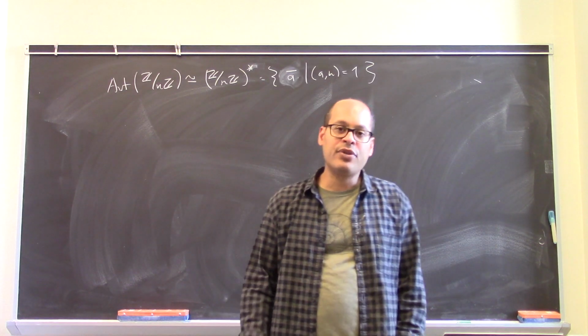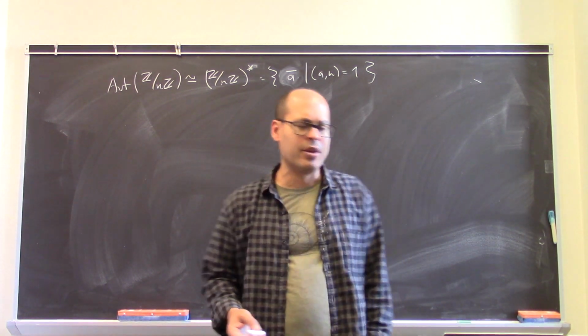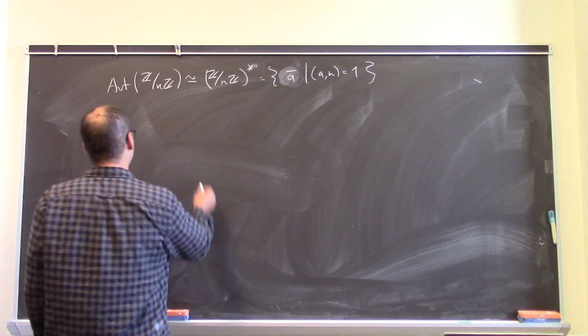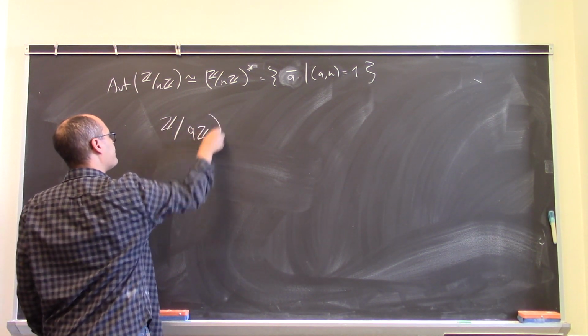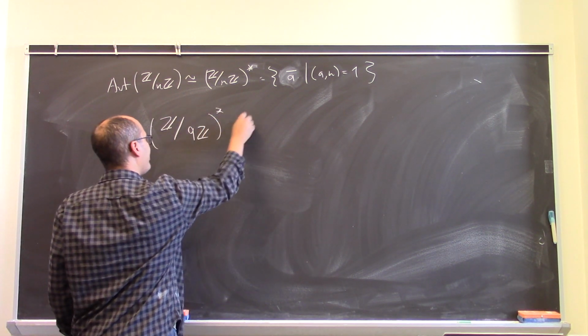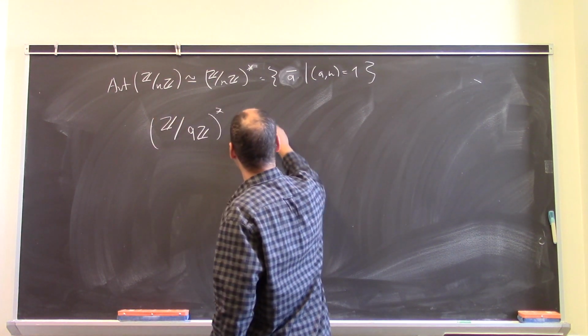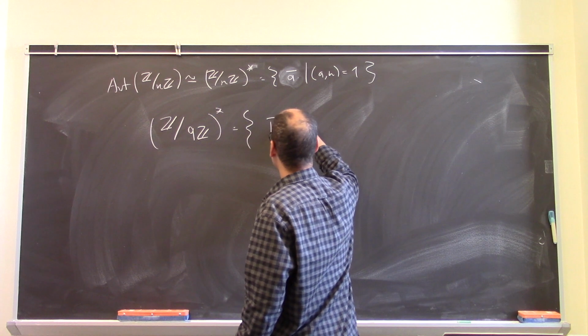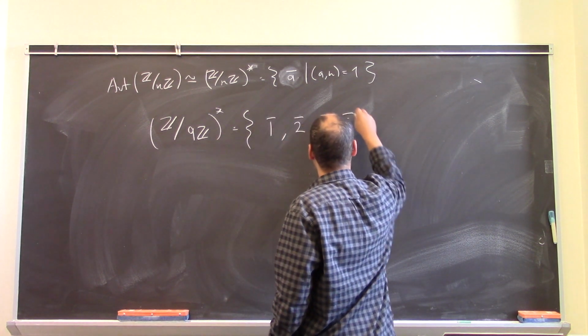So even for the automorphisms of the cyclic group, the unit group, there's already a little bit to say. Let's look at a few examples. Let's say, for example, Z mod 9Z units. I'll just enumerate them: the class of 1, the class of 2, class of 4, 5, 7, 8.